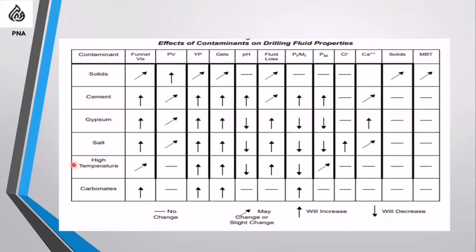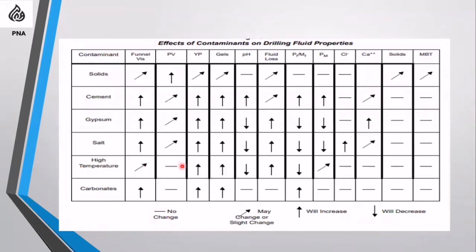Temperature: if your formation has a very high temperature while drilling, the bottom hole temperature is very high, so your rheology will get higher because your mud will flocculate, because you will lose water by evaporation from the mud.